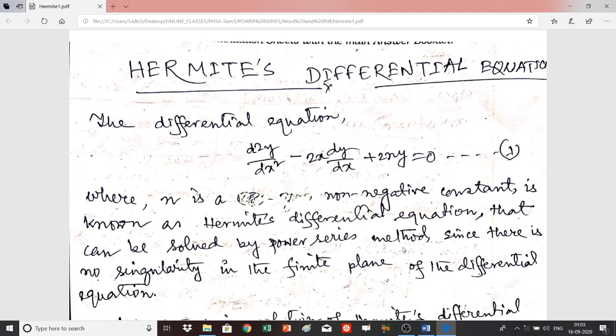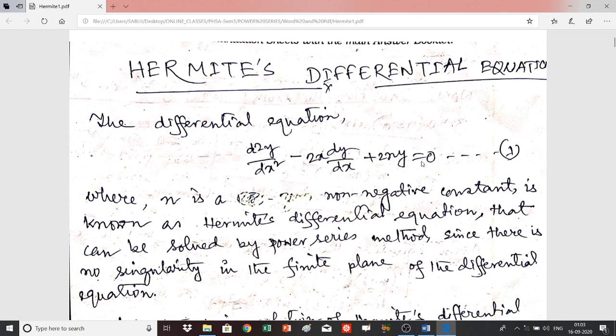The Hermite differential equation is given here. It has the form d2y/dx2 minus 2x dy/dx plus 2ny equals 0.